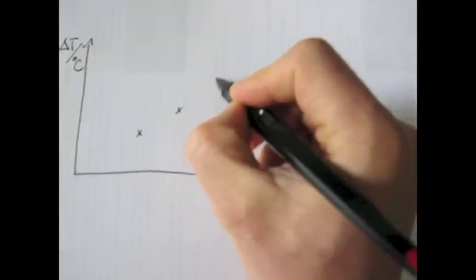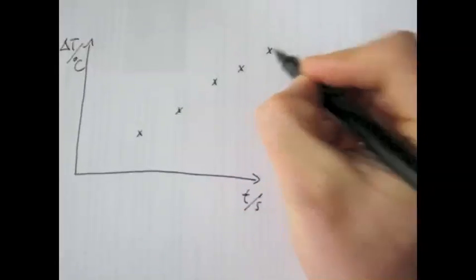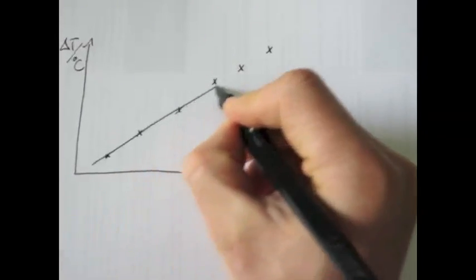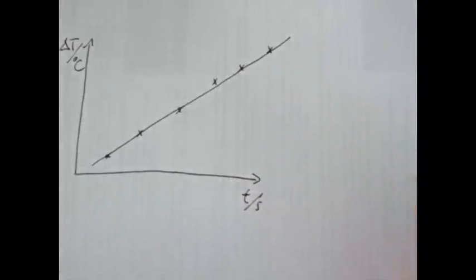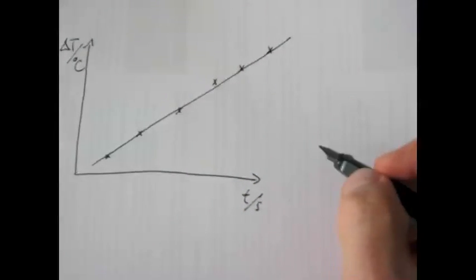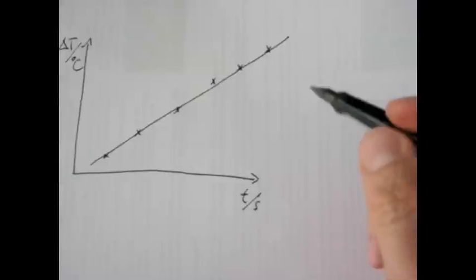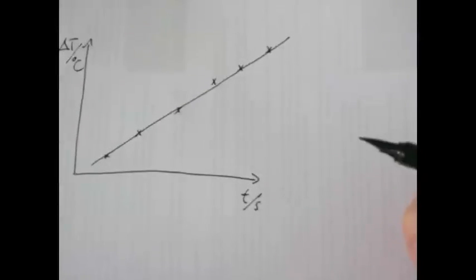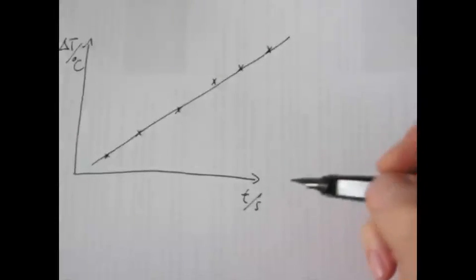And you have some data points here, and this is more or less what it looks like. And you have drawn your line of best fit with Logger Pro automatically, so this is what you got. Now what you want to do is find the specific heat capacity of the water from this graph.